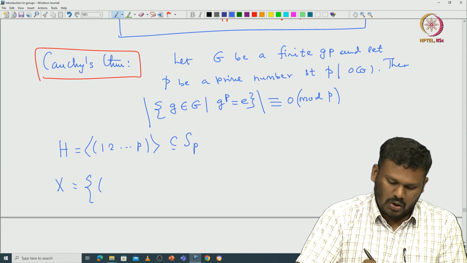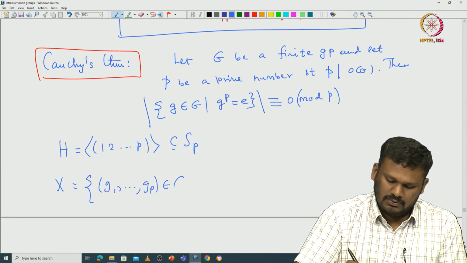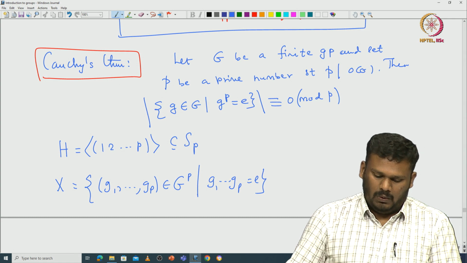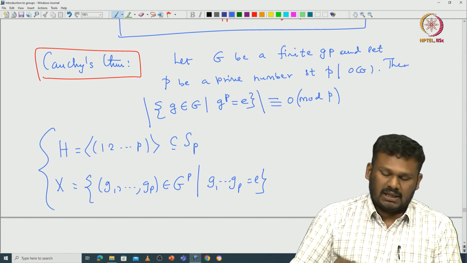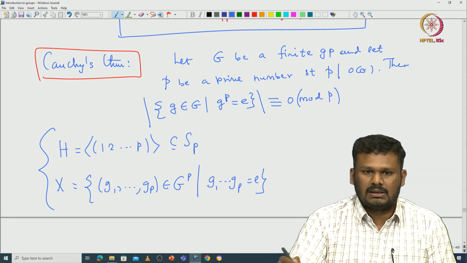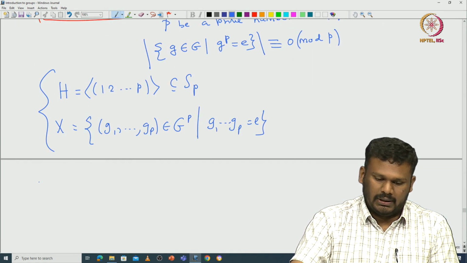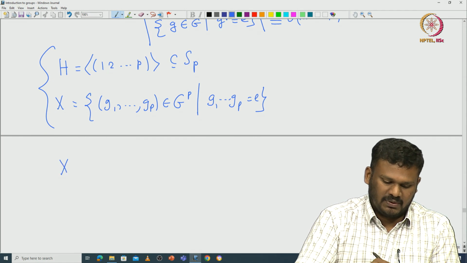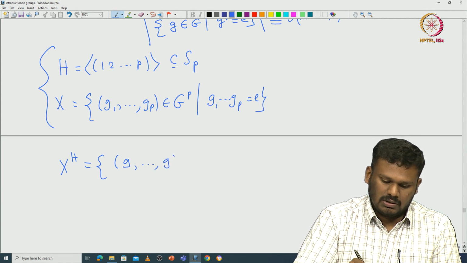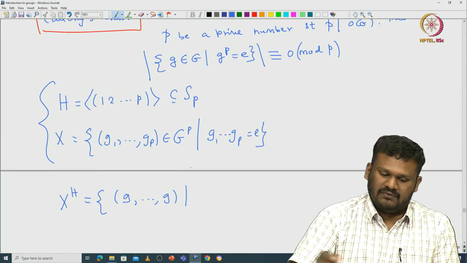You take all tuples (g_1, ..., g_P) from G^P such that the product g_1 ... g_P is identity. Then we saw that H acts naturally on X by permuting the coordinates, and the fixed point subset X^H is nothing but a one-to-one correspondence with the set that we are interested in.